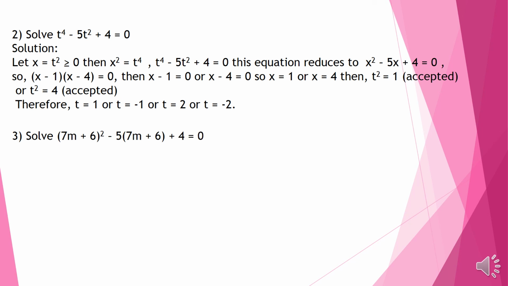Another part. Solve (7m plus 6) square minus 5 into (7m plus 6) plus 4 equal to 0.